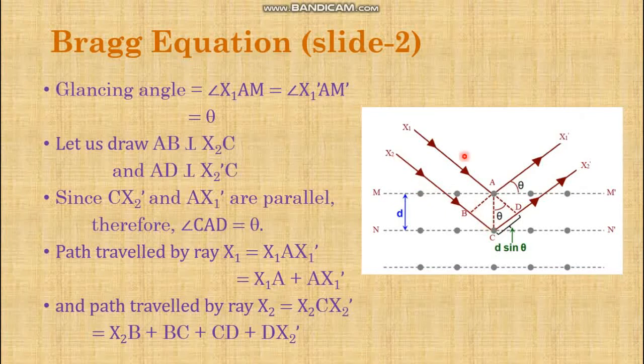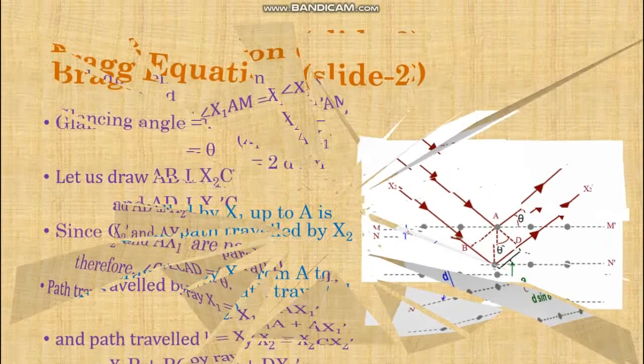Because x2B is equal to x1A, while D x2 dash is equal to A x1 dash, isn't it? So they can cancel with each other, and only BC plus CD are left. And BC and CD are also equal, so only 2 BC or 2 CD can be written. So we move on to the next slide.